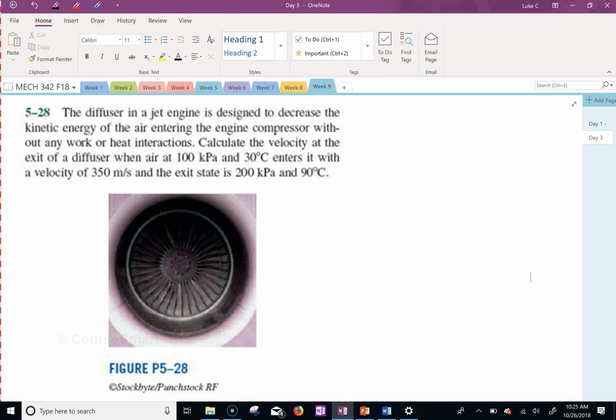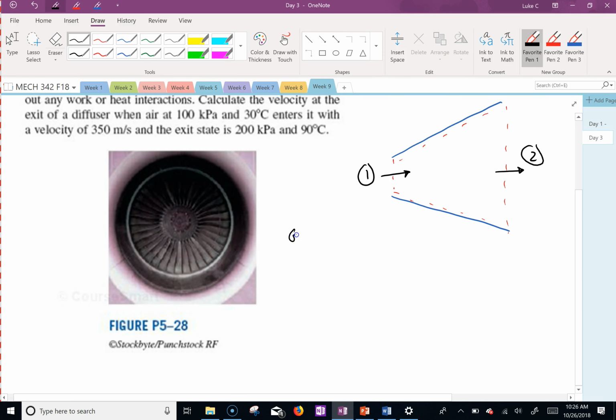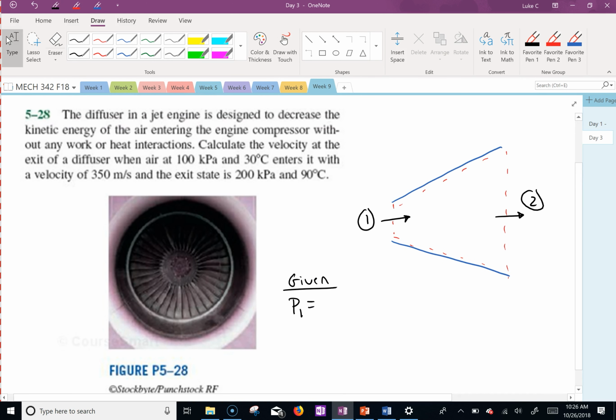I'll make a nice sketch here. Diffusers. And again, if you have questions, please ask. Flow comes in, goes out. Diffusers are just a little too big.